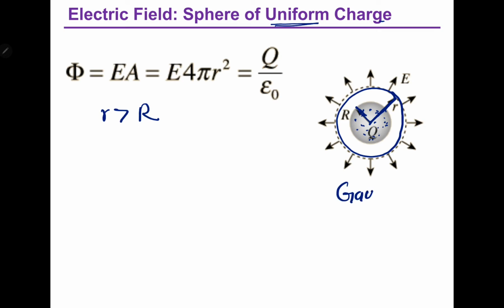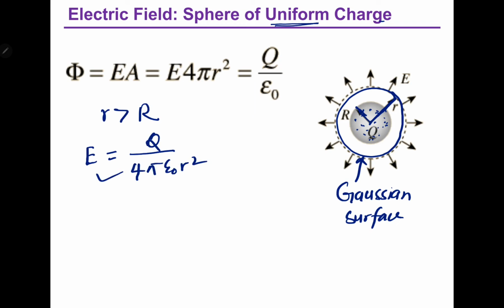This is the Gaussian surface, this one. So in that case, we can directly write down the electric field is Q over 4 pi epsilon naught r square.